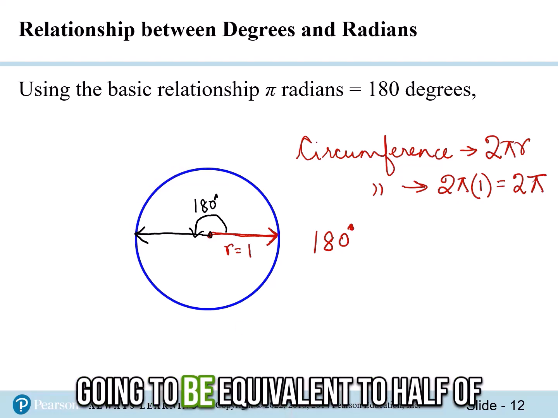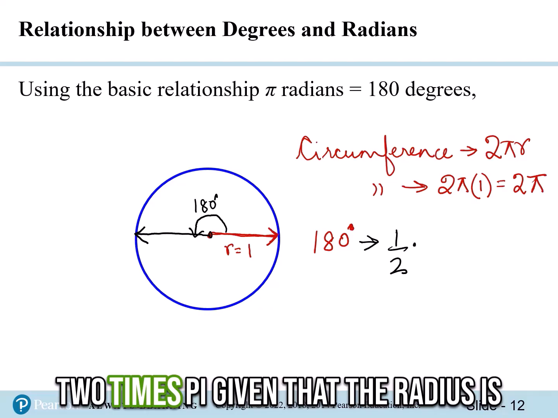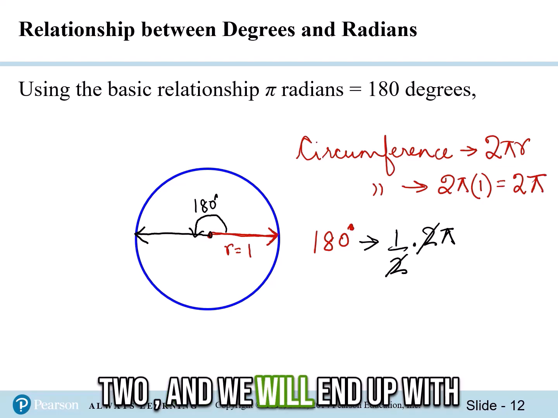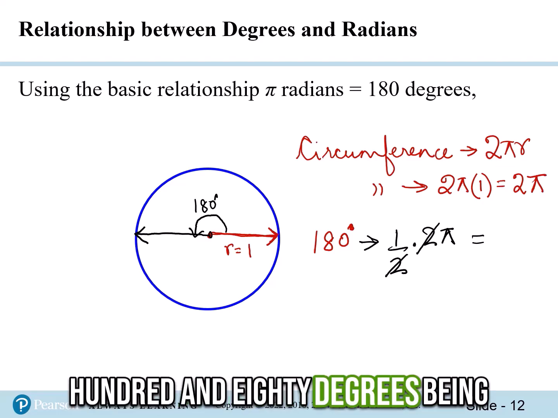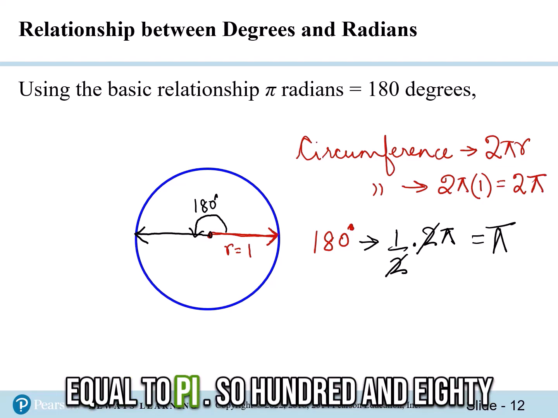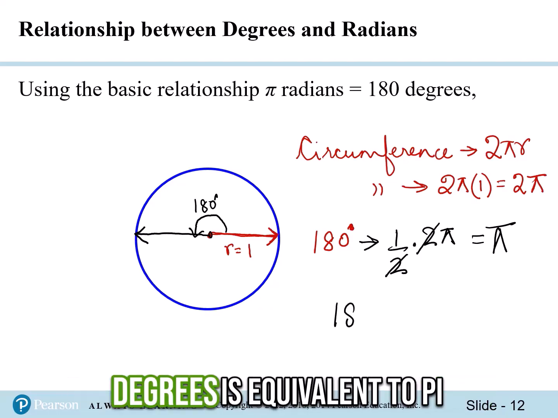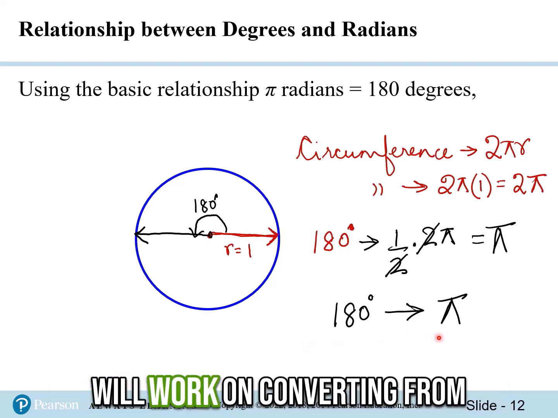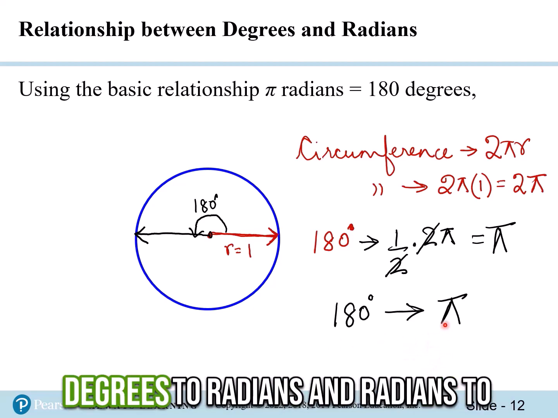So it's going to be equivalent to half of 2 times pi, given that the radius is equal to 1. So we divide 2 and 2, and we will end up with 180 degrees being equal to pi. So 180 degrees is equivalent to pi radians. Given that relationship, we will work on converting from degrees to radians and radians to degrees.